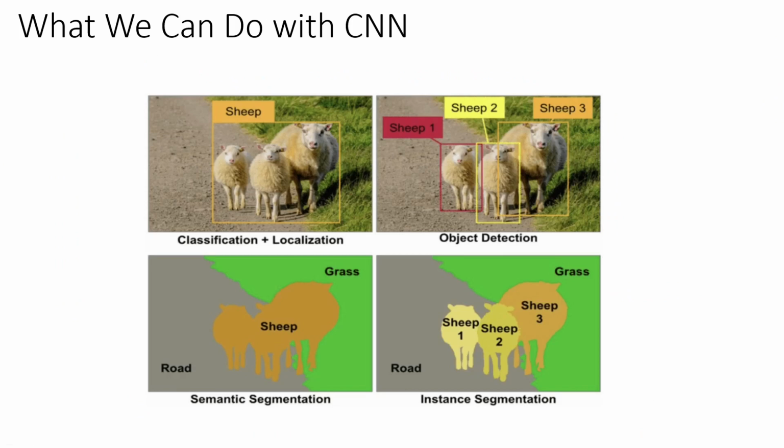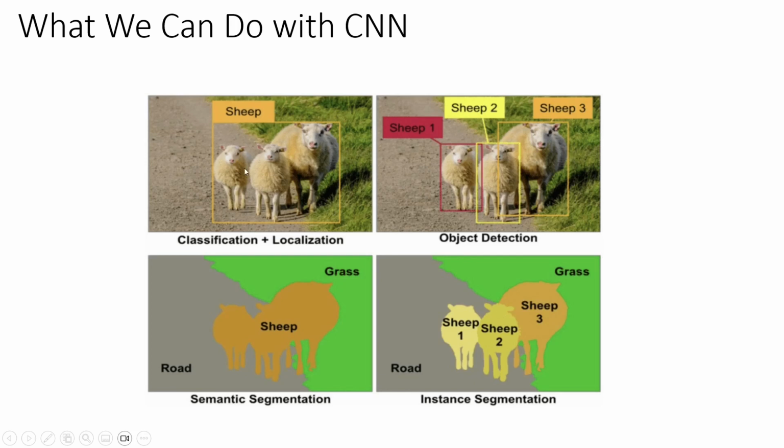So what we can do with convolutional neural networks, we can do classification, which means given a sheep image or an animal image, we can decide whether this is a sheep, whether that's a bird or a dog. That's called classification. If we would like to find the location of something on the image, that problem is called localization. Okay, we can do both at the same time.